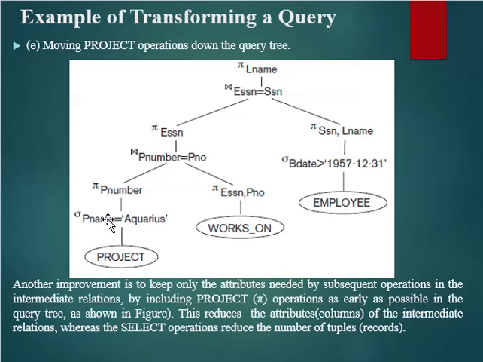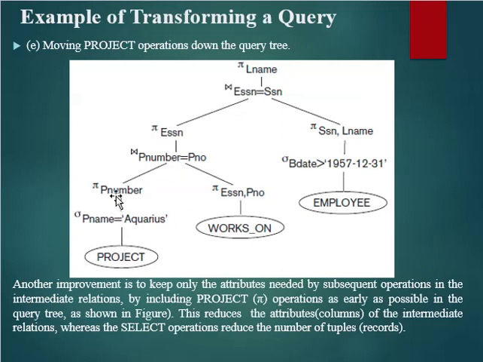And from the project table we will firstly remove the unwanted tuples based on the given query. A condition is there: we require only the project name Acura. So we do the selection statement there, removing the unwanted tuples first. Then we find that we require only the project number in the higher levels, because the project number is used for this joining condition. No other attributes are used in the higher levels of this tree.